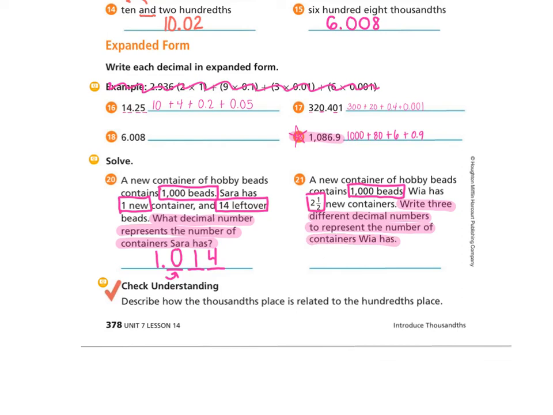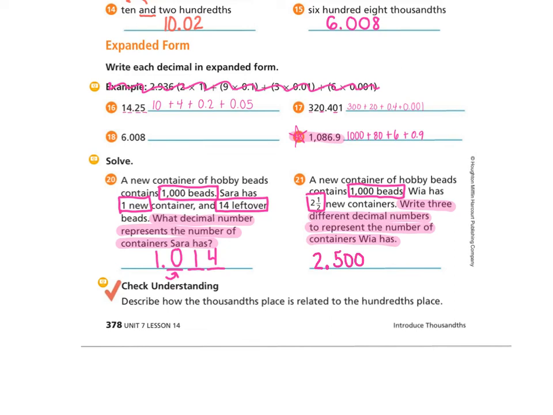Well, I know she has 2 wholes, so I'm going to try and make 1 to begin with. So 2 whole containers. Well, I know that half of 1,000 is 500, so I could say 500 thousandths.